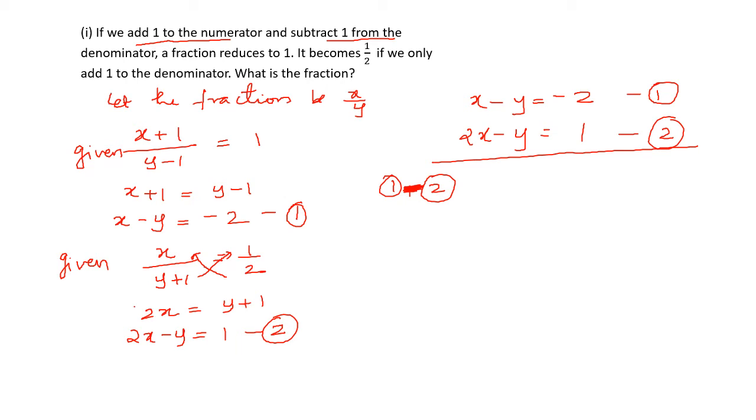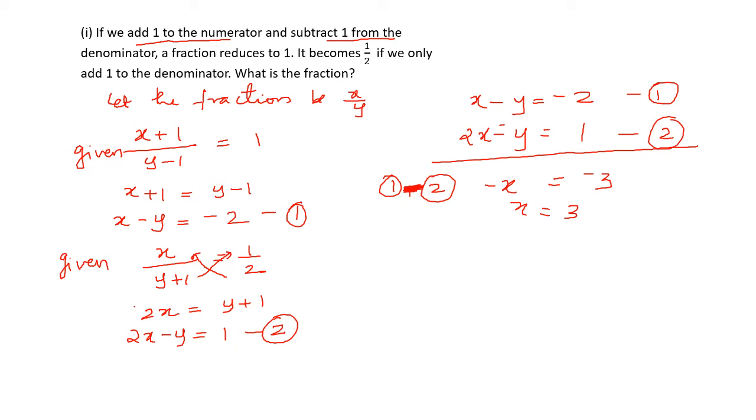If we subtract, x minus 2x will be minus x. Minus of minus y will become plus y, so minus y plus y will become 0. Minus 2 minus 1 will become minus 3. So x equal to 3 you will get.